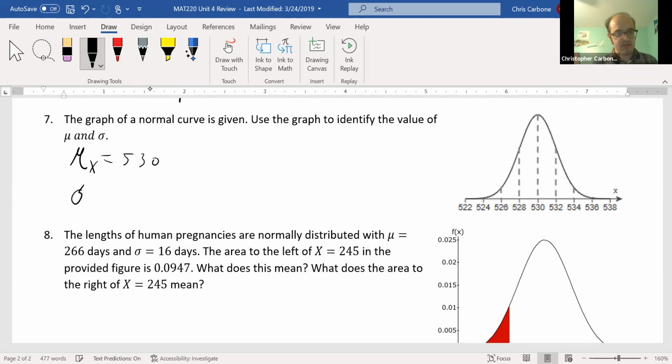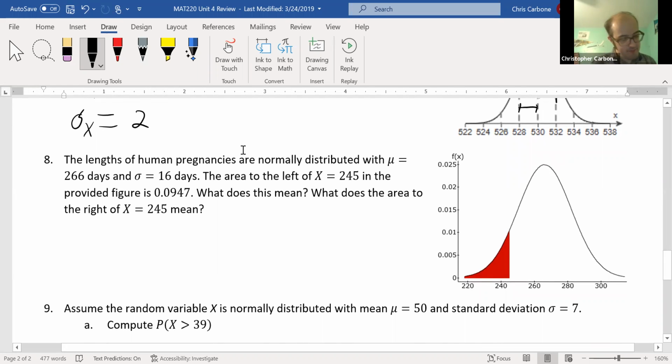To find the standard deviation, we look at one standard deviation below and one standard deviation above. We add 2 to 530 to get 532, and subtract 2 from 530 to get 528. So the standard deviation for this will be the value of 2.